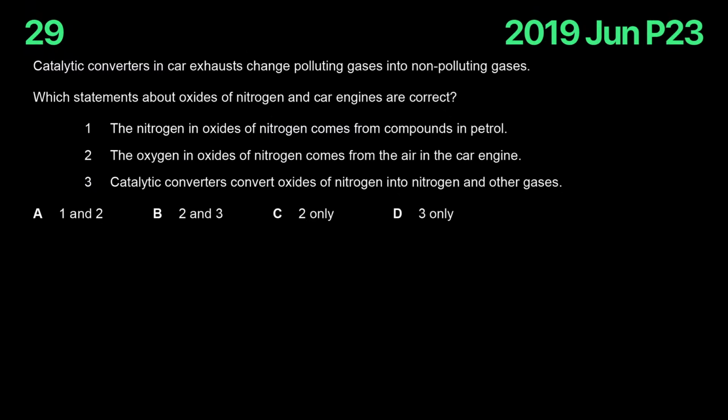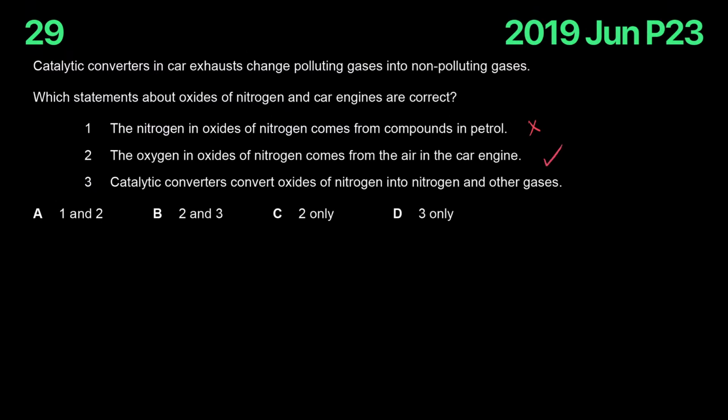Catalytic converters in car exhausts change polluting gases into non-polluting gases. Finally a pollution question. Which statements about oxides of nitrogen in car engines are correct? The nitrogen in oxides of nitrogen comes from compounds in petrol. Does it? I mean, does it? The oxygen in oxides of nitrogen comes from the air in the car engine, right? Yeah.